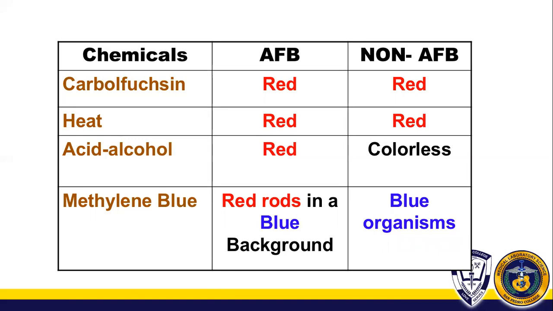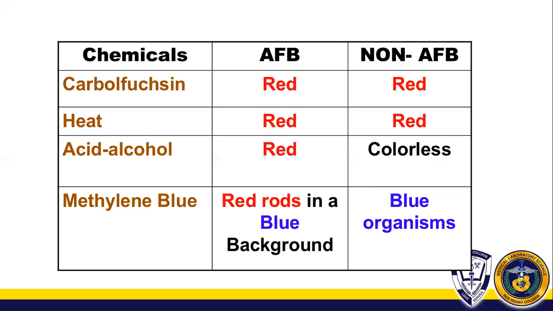To allow penetration, we need to facilitate staining by adding a mordant. In the process, the mordant here is heating. We heat to allow the pores of the microbial cell wall to open up to allow the penetration of carbolfuchsin. Now the acid alcohol here serves as the decolorizer.